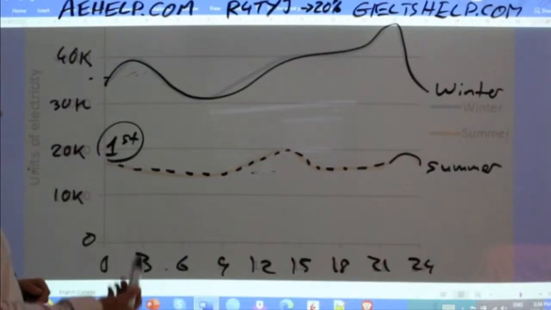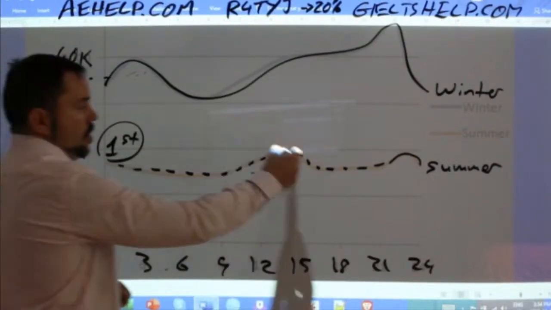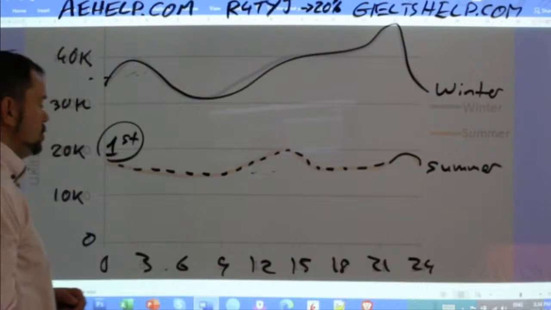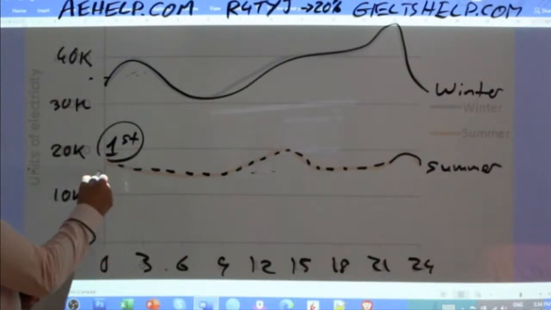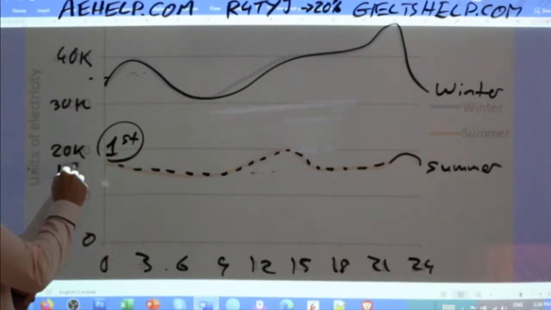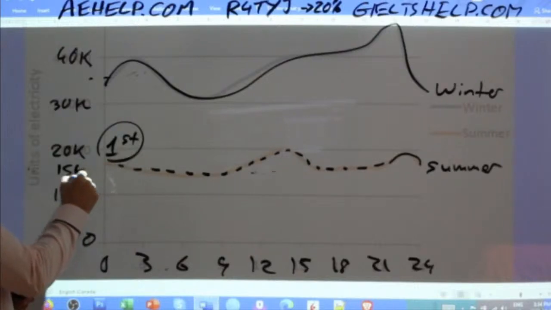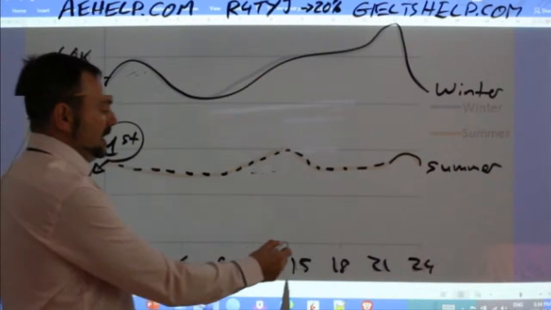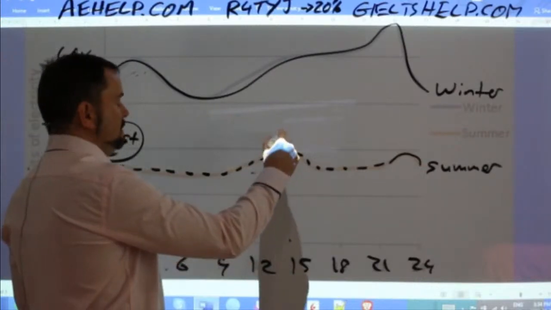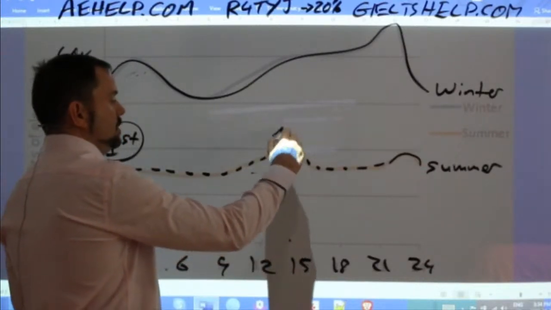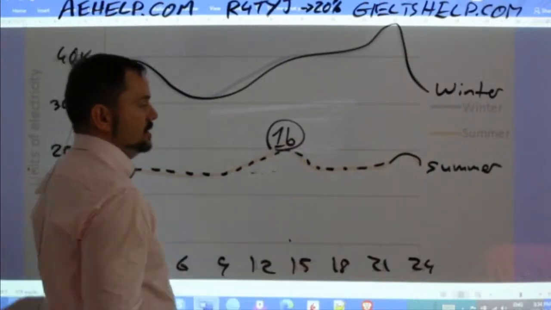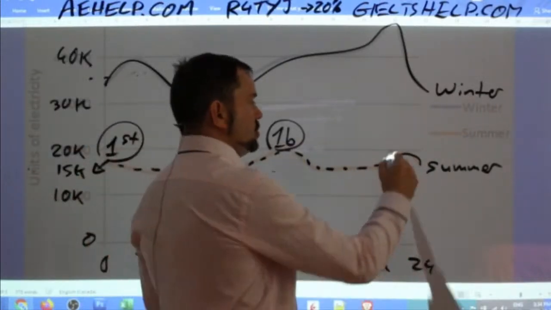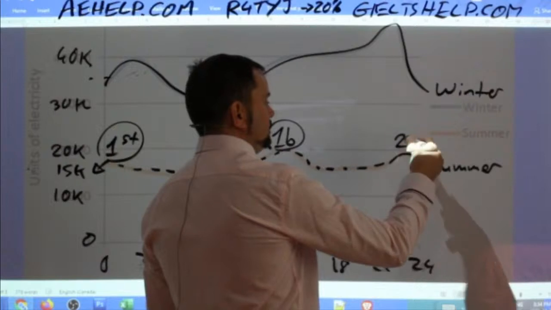I'm not going to go into like all of this description here because that's useless. It's really fluctuating between 15,000 and 20,000. Okay? So is the fluctuation, and I have two peaks. I have a peak at 1,500 hours, so 1B at 1,500 hours, and then I have another peak at 2,400 hours.